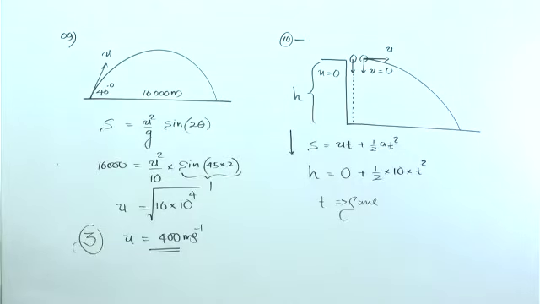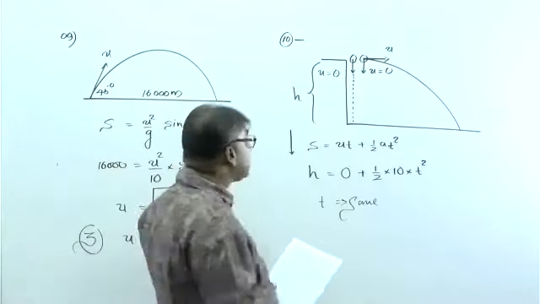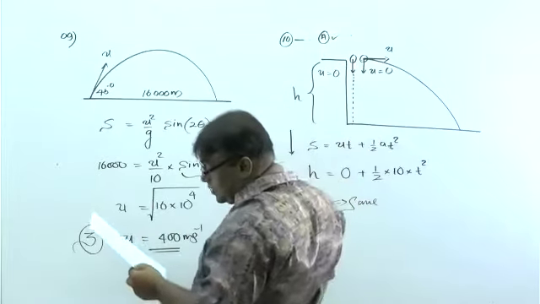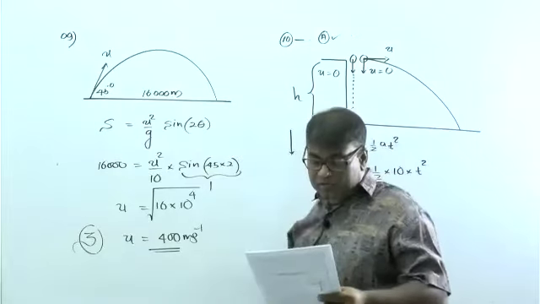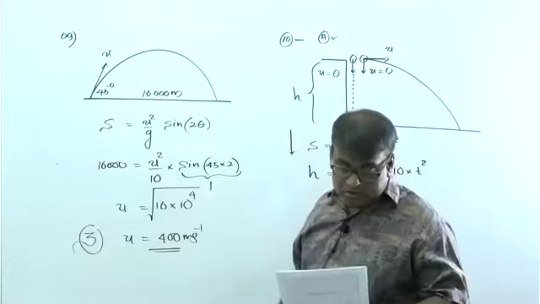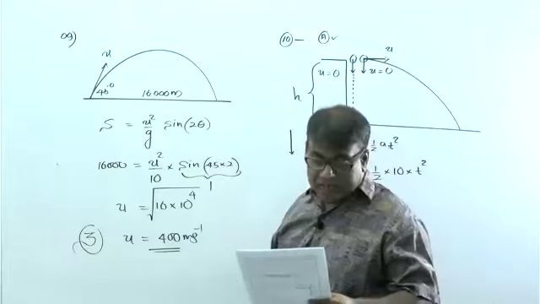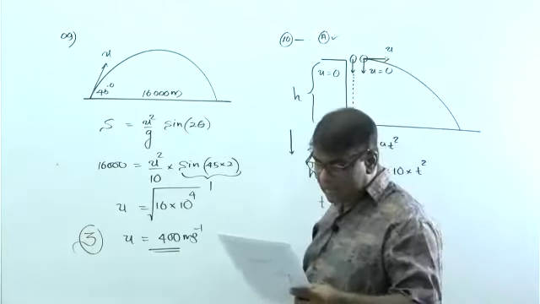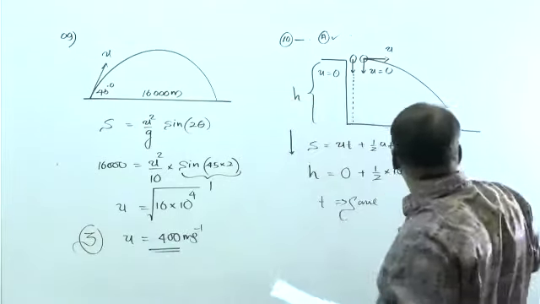Then statement A is correct. Both spears will reach the ground simultaneously, yes. A is correct. What about B? Both spears will have the same vertical velocity at the ground. Vertical velocity is the same.